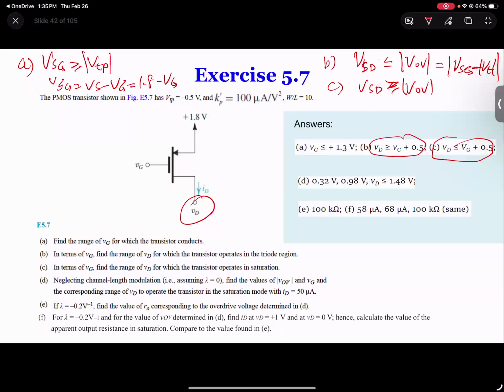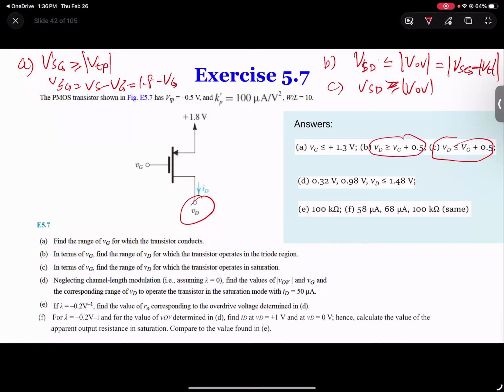And then move on to D. It asks you to neglect the channel length modulation and find the VG and corresponding VD operating the transistor in saturation with ID of 50.